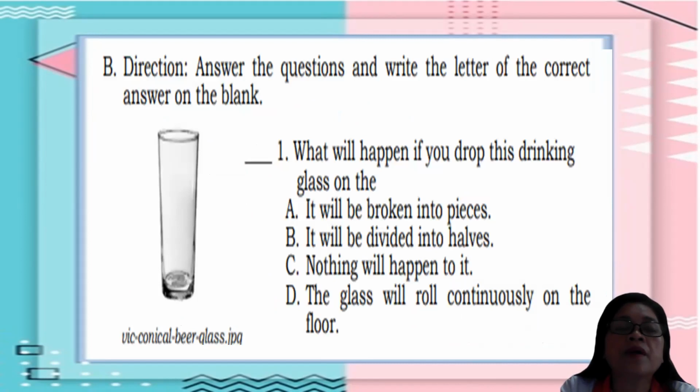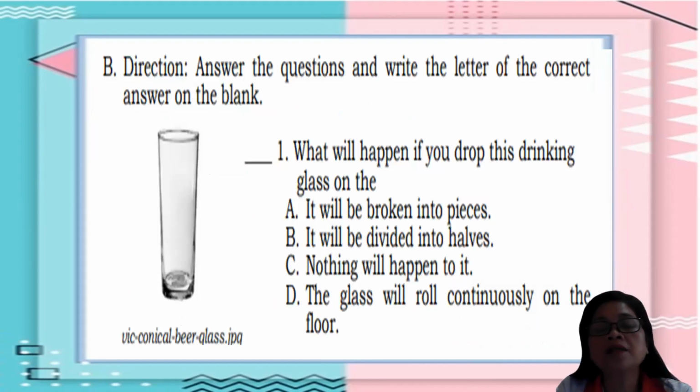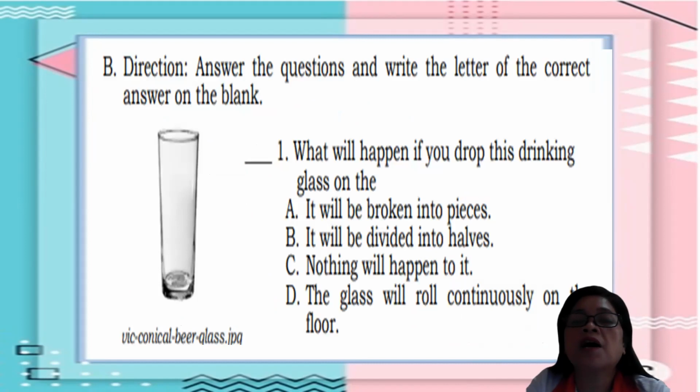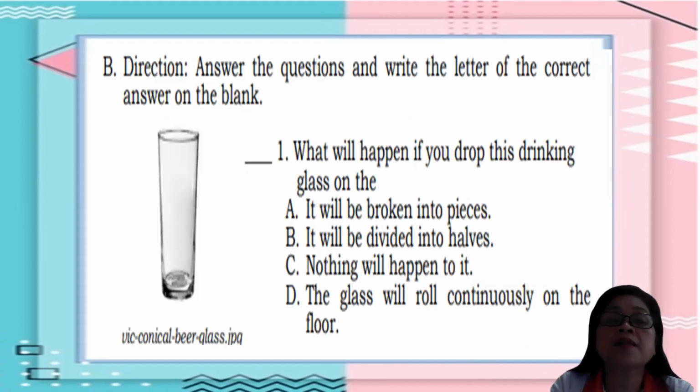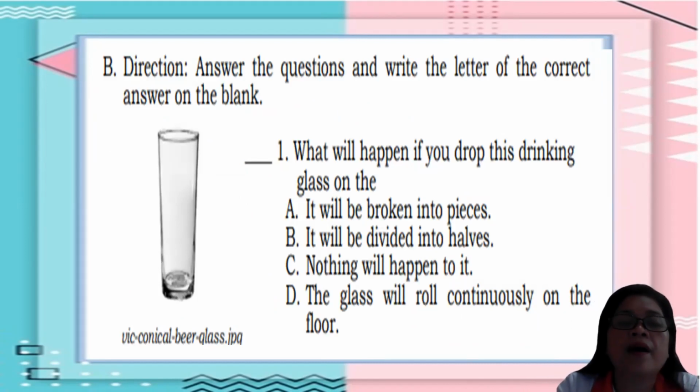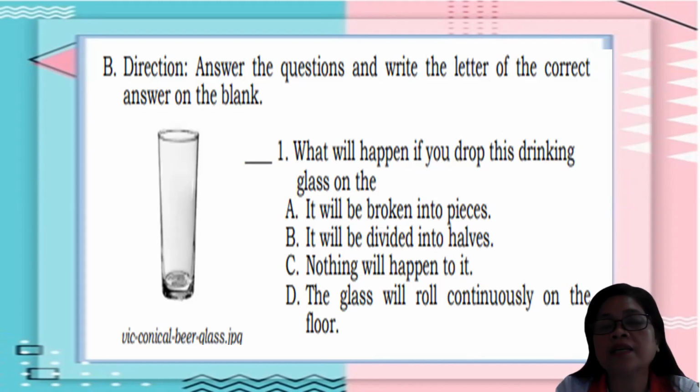Now, another one. Letter B, direction. Answer the following questions and write the letter of the correct answer on the blank. What will happen if you drop this drinking glass on the floor? A, it will be broken into pieces. B, it will be divided into halves.